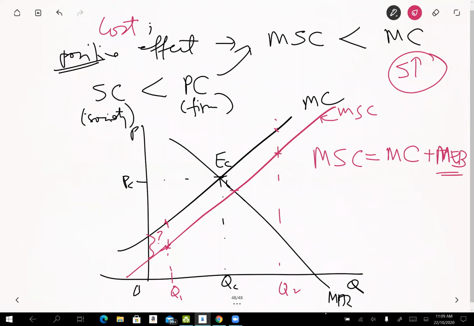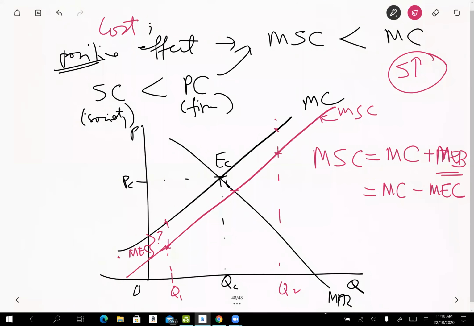In terms of cost, because we are talking about creating a positive benefit, that will become MC minus MEC. So that's why the MSC is to the right of the MC, or less than the MC by the amount of MEC, or MEB.